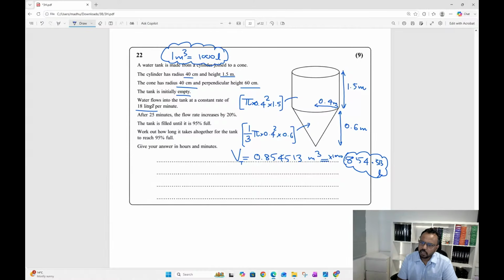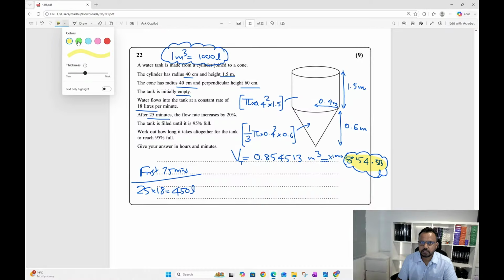Now, 18 liters per minute for 25 minutes. In the first 25 minutes, what's the volume that we get? 25 times 18, which is 450. Yeah, we get 450 liters. Now look, guys, in the first 25 minutes, 450 liters gets filled up.